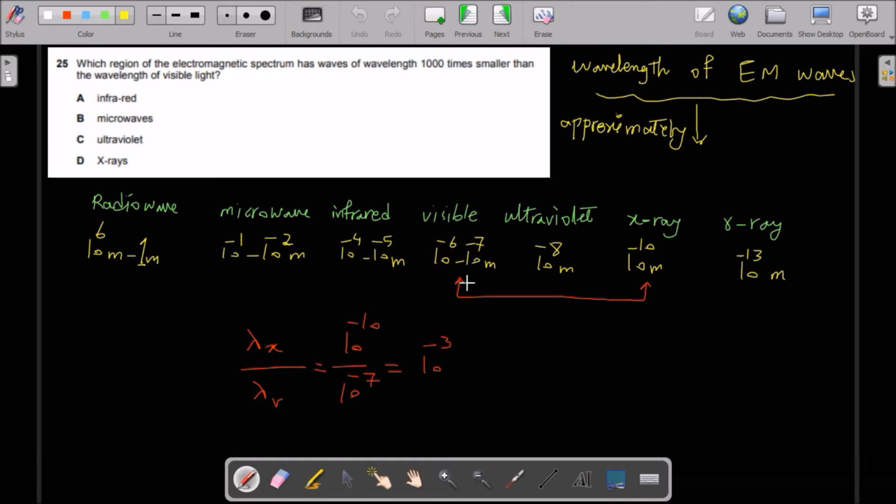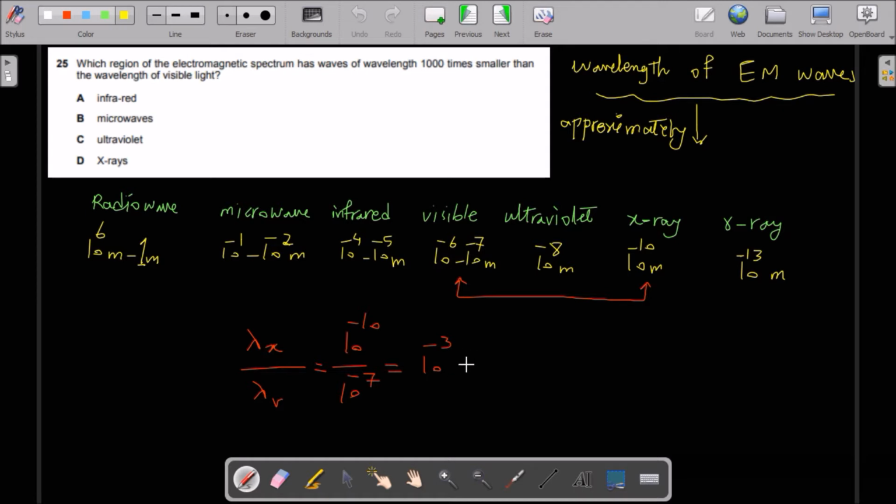For visible light, 10^-6 to 10^-7 meter. For X-ray it is 10^-10, 10^-11, even 10^-9. But if you consider 10^-10 and compare the wavelength of X-ray to the wavelength of visible light, you will get 10^-10 divided by 10^-7, which is 10^-3.